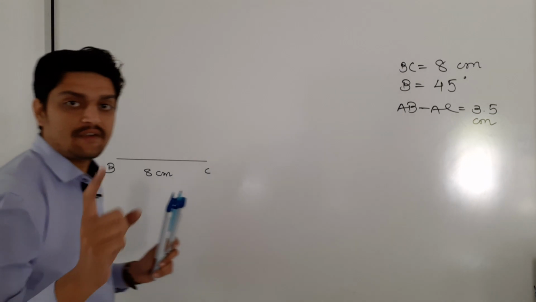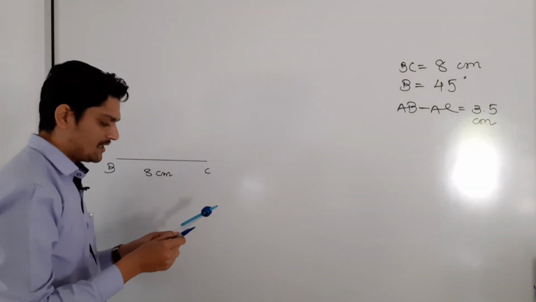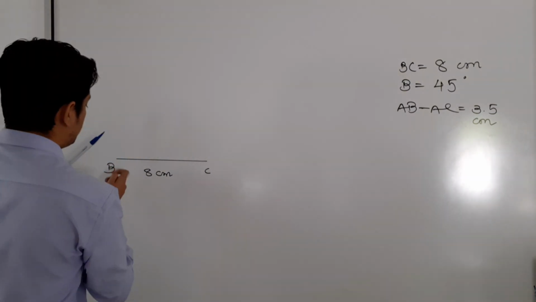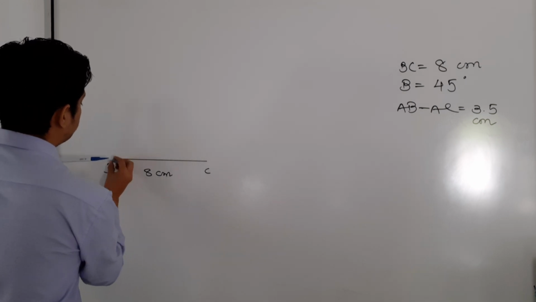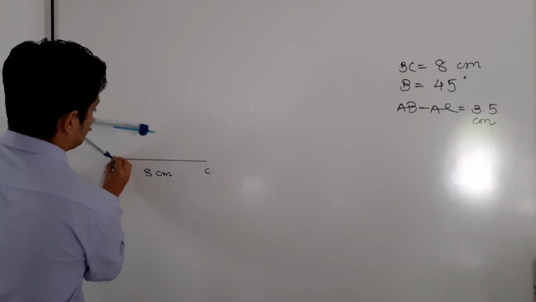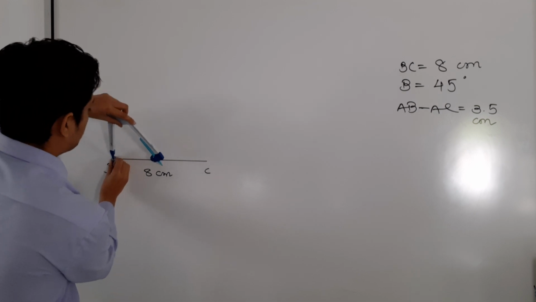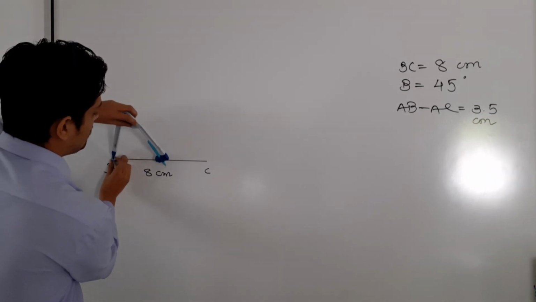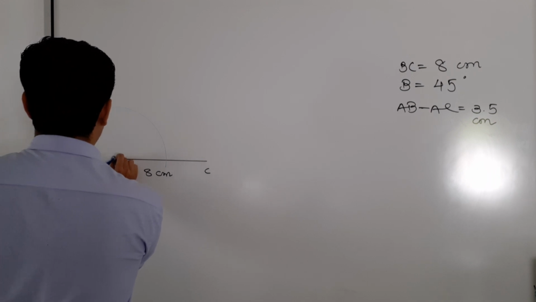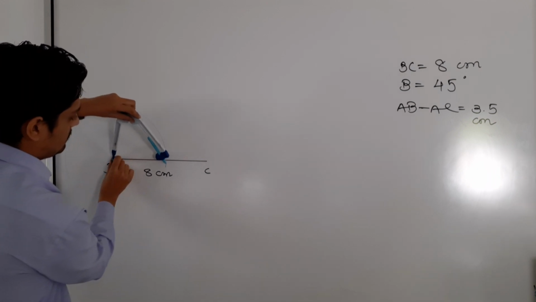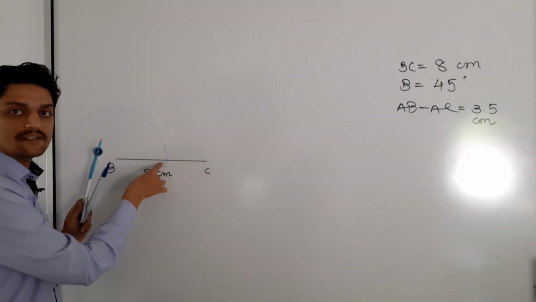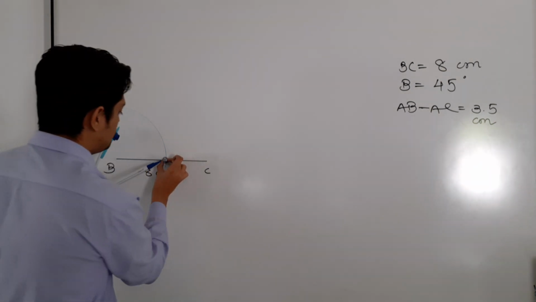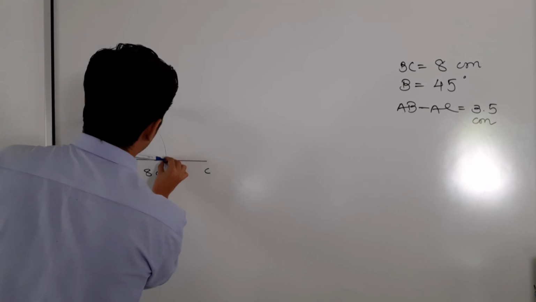First we will construct 60 degrees, as always. So for that, what will we do? Take more than half radius, and we will draw a semicircle like this. Now on this intersecting point we will put the pointer of the rounder.